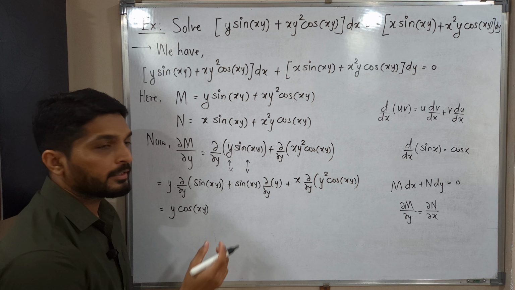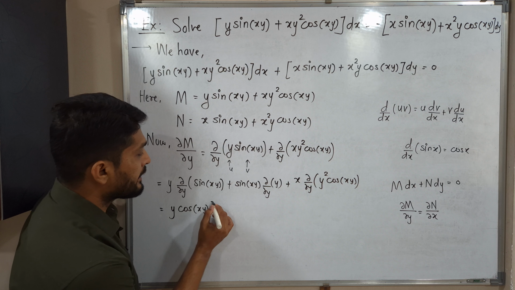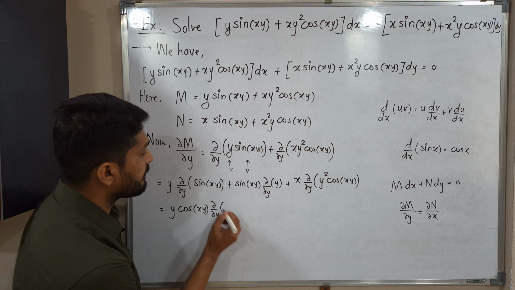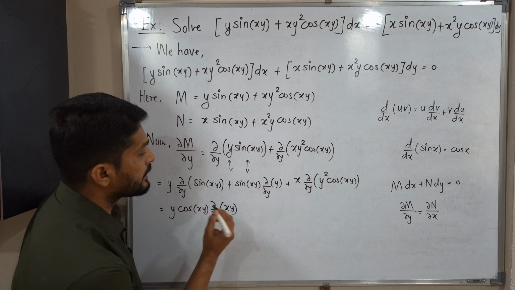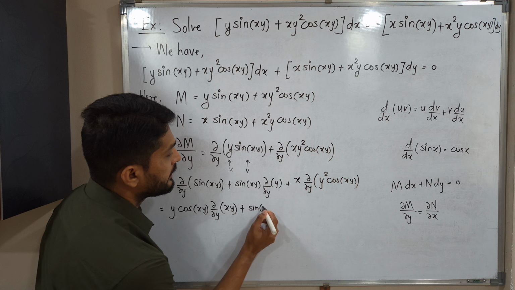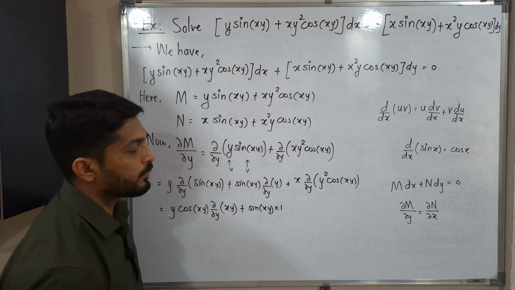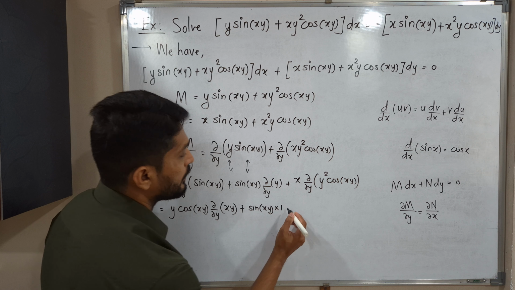But inside sin we have a function xy, so I am supposed to take its derivative again. That is called the chain rule: whatever is inside the function, we take its derivative again. Plus sin xy. The derivative of y with respect to y is always 1.